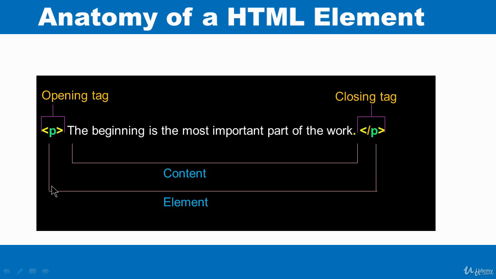Notice the key difference between the content and the element. This area here is the content, while anything from the opening tag to the closing tag is referred to as the element.